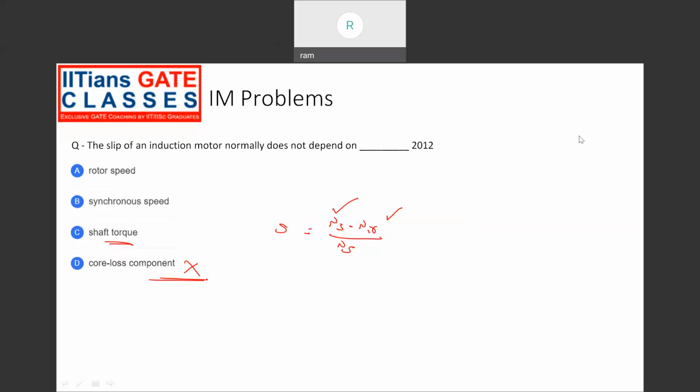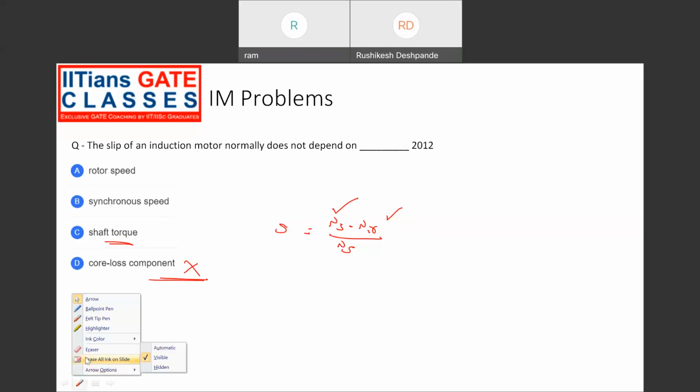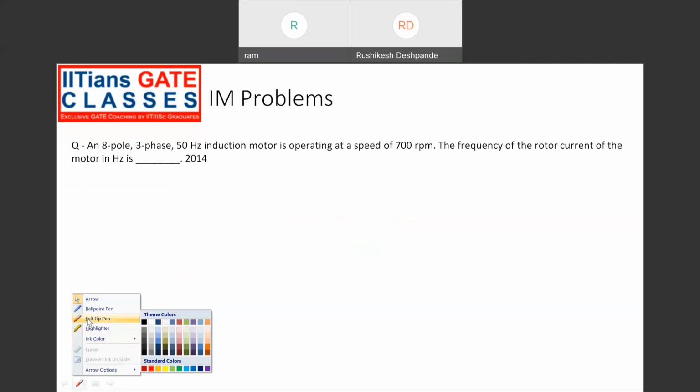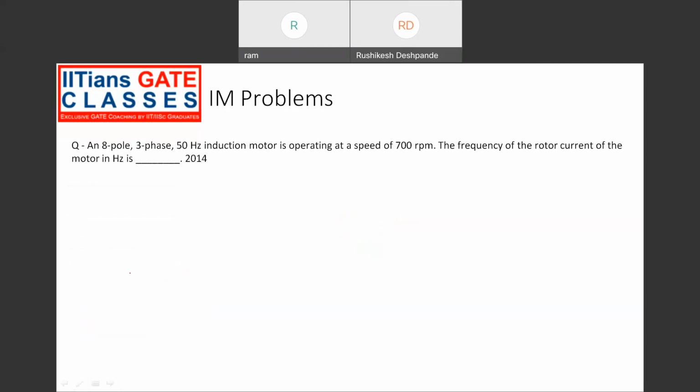Let's go to the next question. An eight-pole, three-phase, 50 Hz induction motor is operating at a speed of 700 RPM.